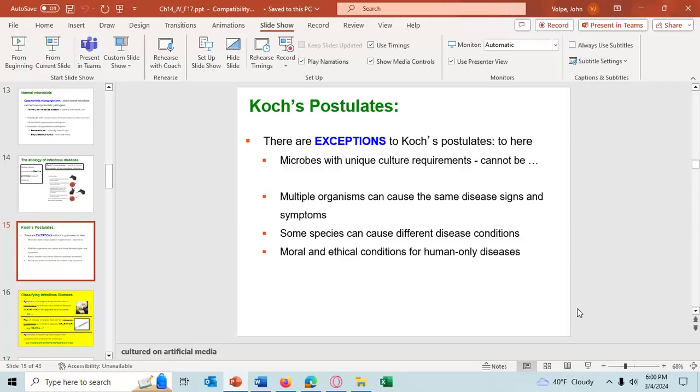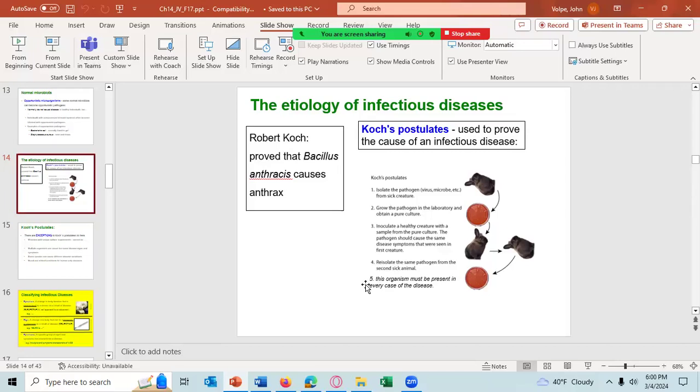And then what do you do if there's one species of bacteria or another species of microbe which causes more than one disease? For example, salmonella causes 2 diseases, salmonellosis and typhoid fever. Strictly speaking, you can't use Koch's postulate to show that salmonella causes either disease because not all cases will be caused by that organism.